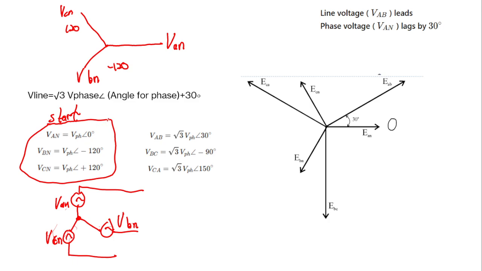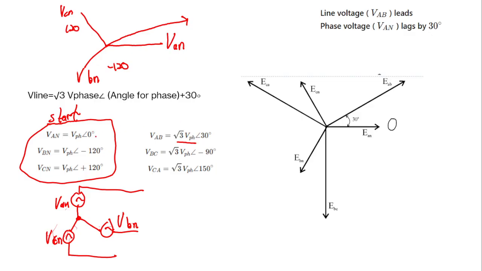And that's your phase. Then look at the lines: A to B, B to C, C to A. The first thing I do is get the magnitude. You just multiply the magnitude of the phase by root 3. So you expect the line to be a little longer because you multiply it by root 3, right?